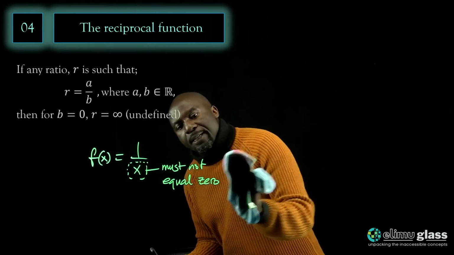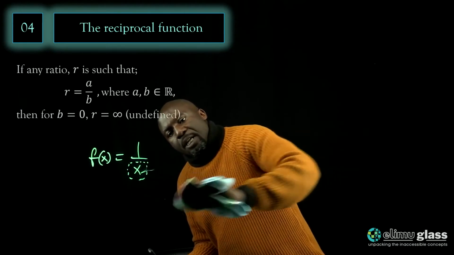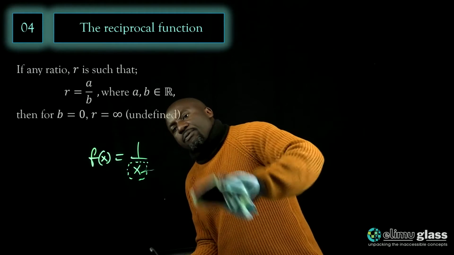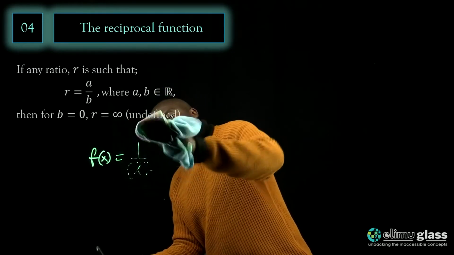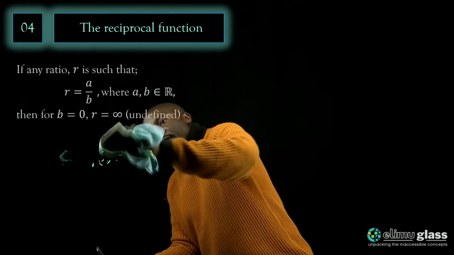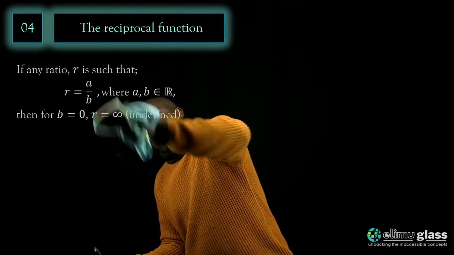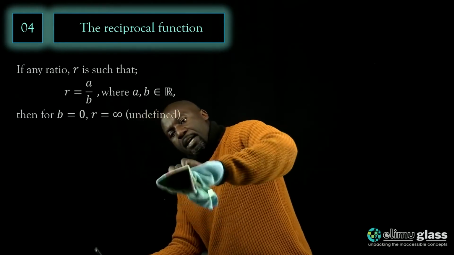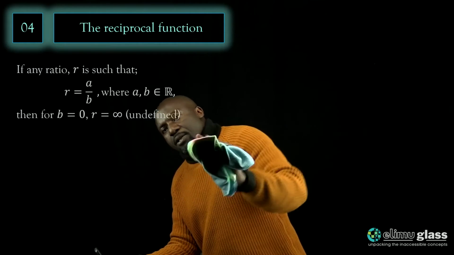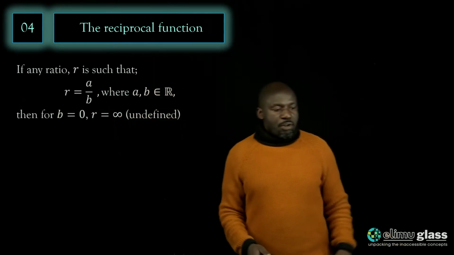Okay, I hope you got that. The reasoning, also based on axioms, is that the denominator must not be 0 if this is to remain a function that we can define. So if f of x is a defined function, a function that we know, then its domain must not include 0 inside it. So that denominator cannot be a 0.